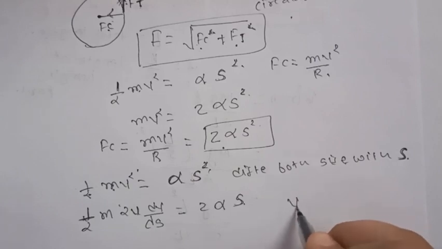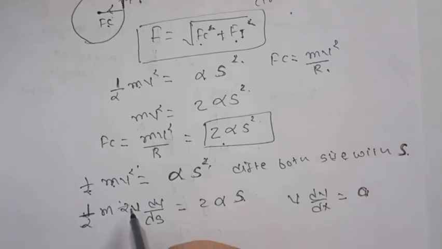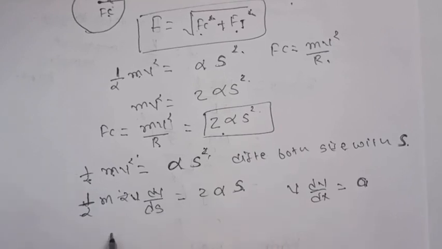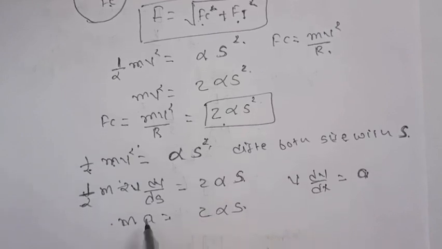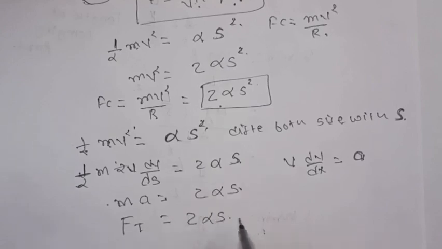But v dv by ds is equal to acceleration. This 2 will get cancelled out. So mass into acceleration is equal to 2 alpha s. This will be the tangential force. So Ft will be equal to 2 alpha s.